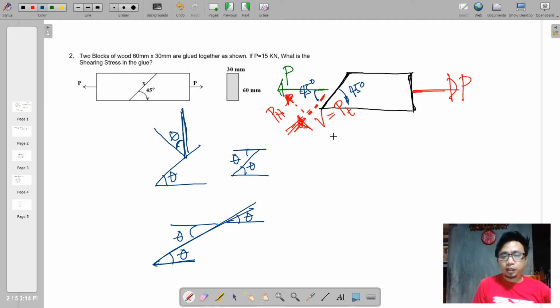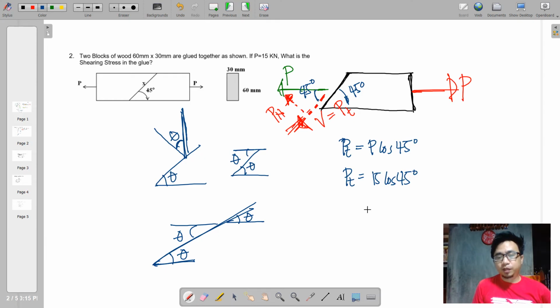So if that is the case, we can solve for the tangential component by using P times the function of cosine. So this is P cosine 45 degrees. And in the problem, we have a fixed value for P. We have 15 times cosine 45 degrees.